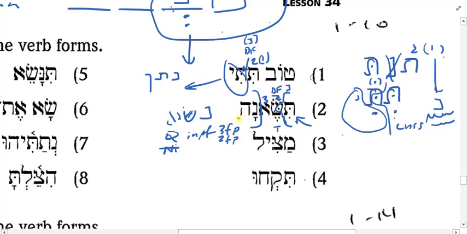Good. Now, maybe you're not convinced that you've got this parsing right, and I could see why that would be the case. But take a look at the principal parts page, and look at the imperfect 3fp, 2fp in your forms, like for nagash and napal.